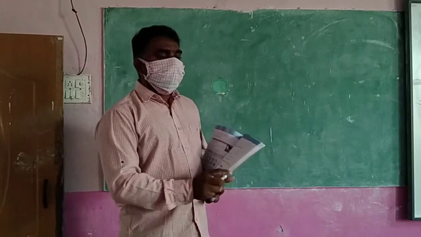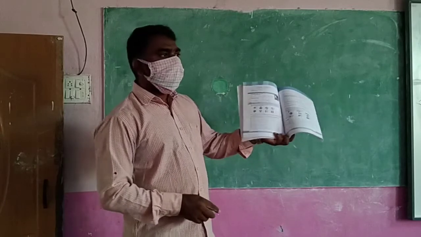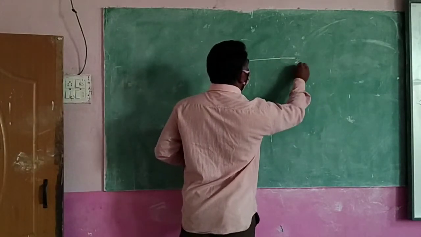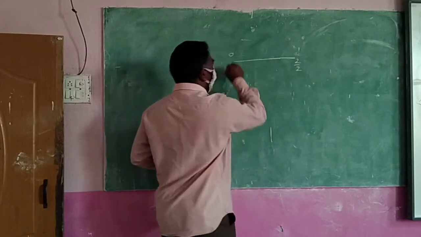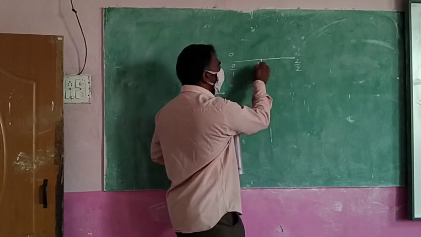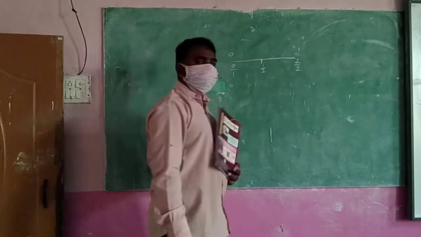But here you see that some are marked. The first one has no partition. The second one has a partition, between 0 by 2 and 2 by 2. One line is given between. What is this? One line. Very good, 1 by 2.